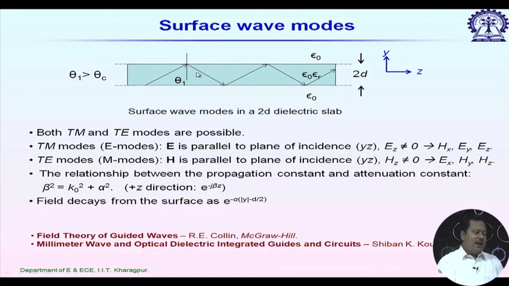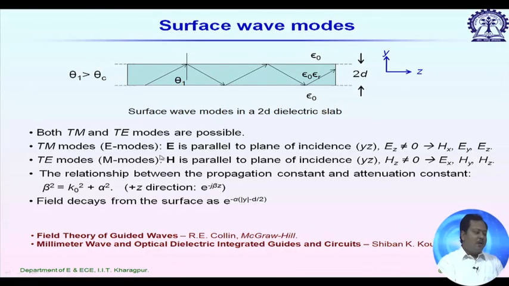According to the definition, for the electric field we have only Ey and Ez components, since E is parallel to this plane, and since it is a TM mode, transverse magnetic, in Z direction we do not have any H component. So, the dominant electric and magnetic field components are Hx, Ey and Ez.